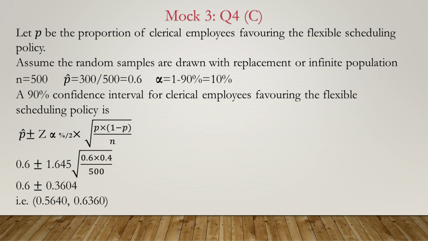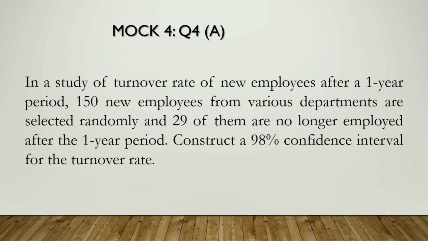A 90% confidence interval for clerical employees favoring the feasible scheduling policy is given by these equations. Lastly, the answer is 0.5640 to 0.6360. I'm Pauline and I will talk about paper mock 4, question 4, part A.